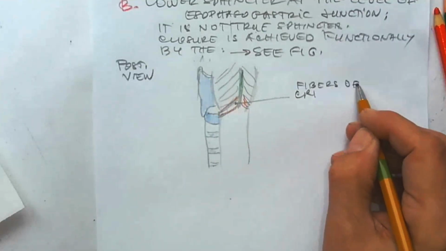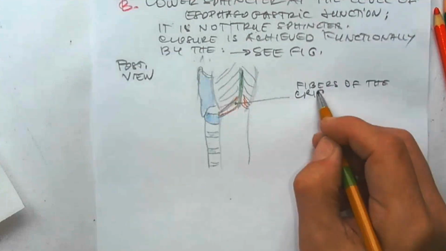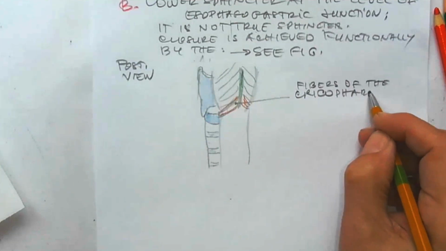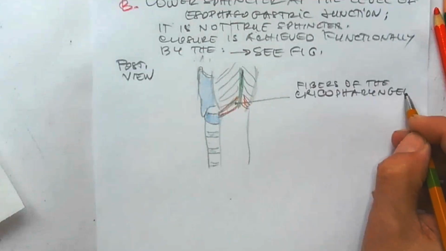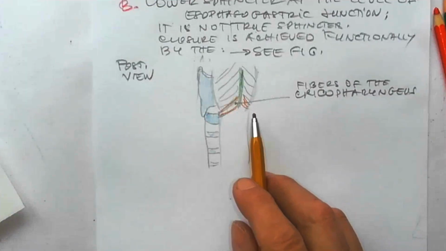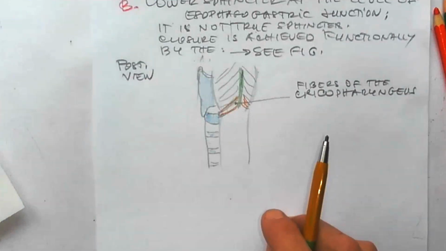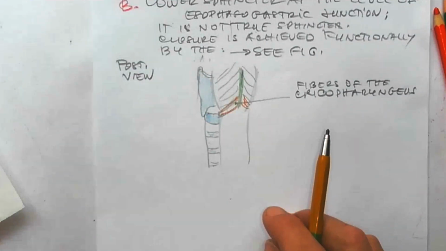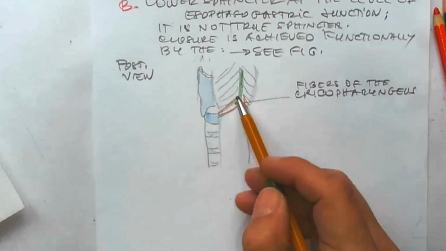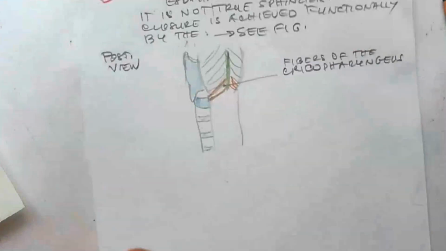Fibers of the cricopharyngeus. So this is in fact the sphincter, but not the sphincter of the esophagus, right? This is still pharyngeal sphincter. Then there are more fibers, but this is the most important.